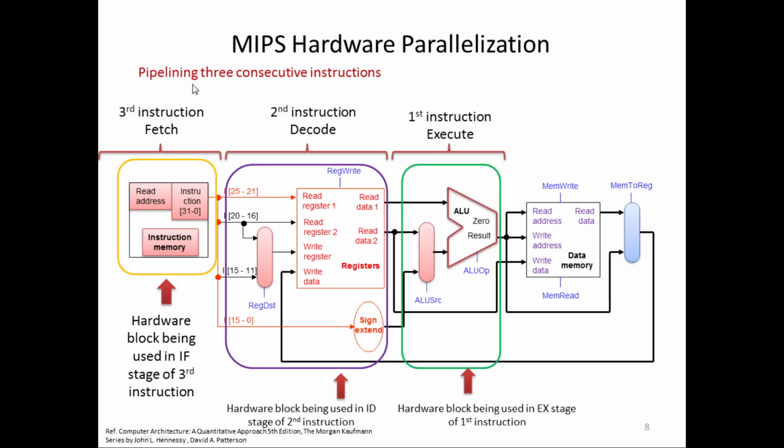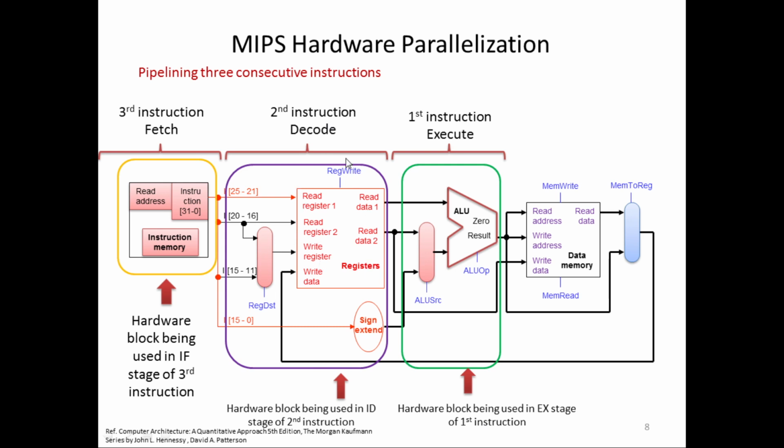Now if you pipeline 3 consecutive instructions, the first instruction progresses into the execute stage, which comprises the ALU and the 2:1 multiplexer, marked in the green box. That is the hardware block being used in the execute stage of the first instruction, while the blue box now has the second instruction's decoding process.